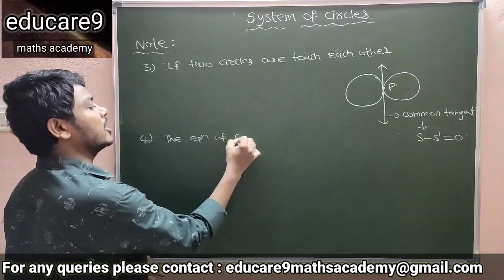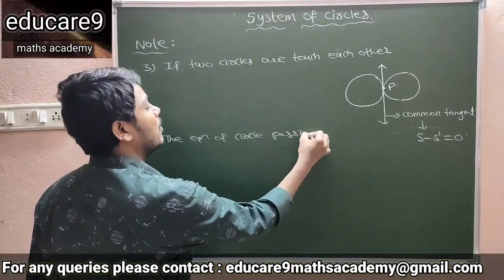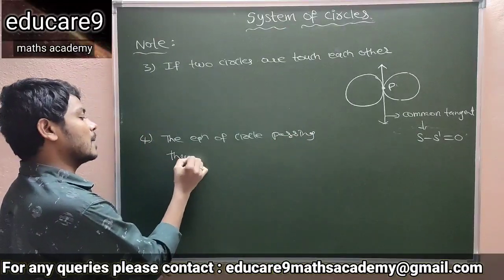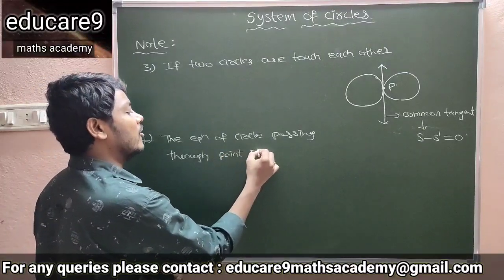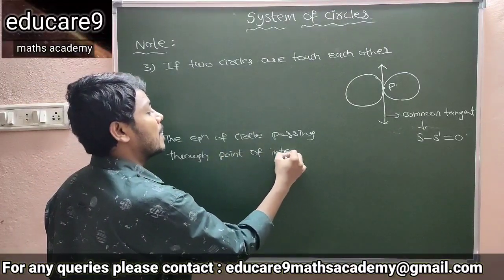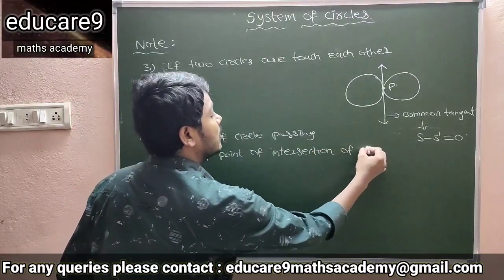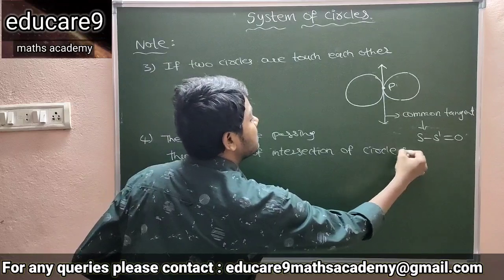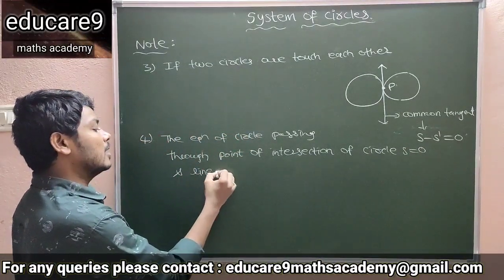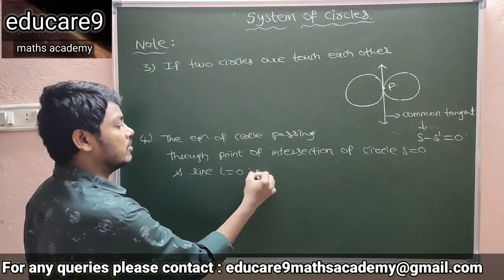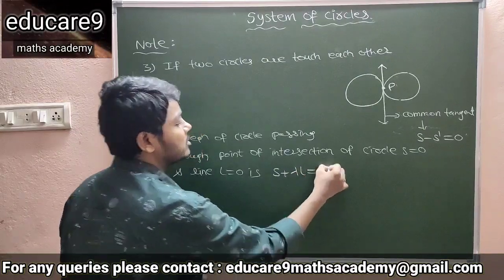So next one. The equation of a circle passing through the point of intersection of circle S equals to 0 and line L equals to 0 is S plus lambda L equals to 0.